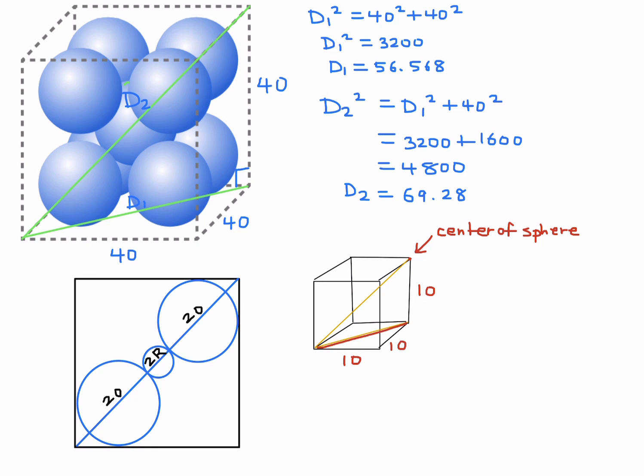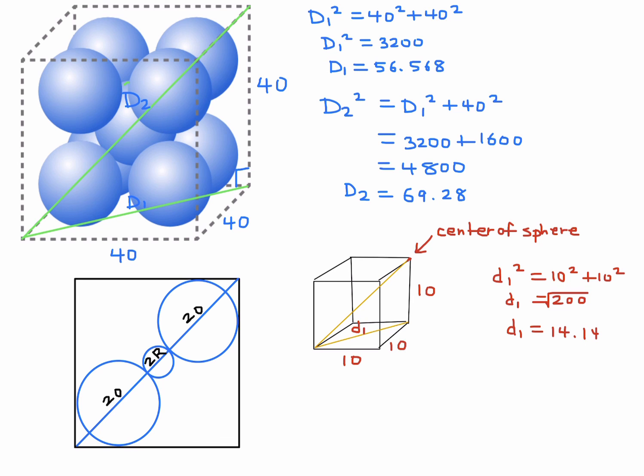Very quickly, we can figure out this guy. I'll just call that small d1. Small d1 squared will be 10 squared plus 10 squared, which is 200. So d1 will be root 200, and therefore d1 is approximately 14.14.